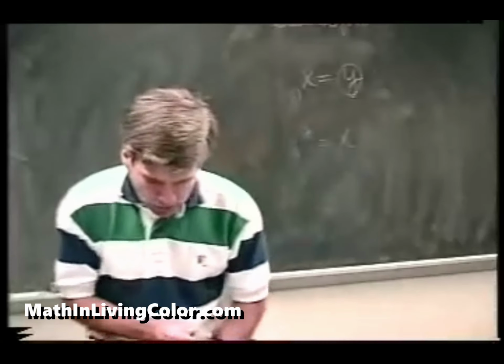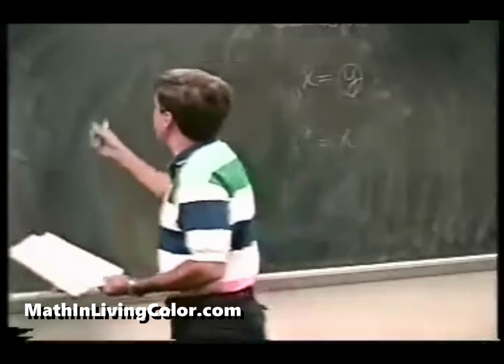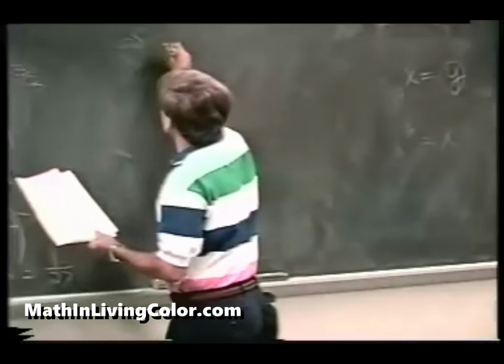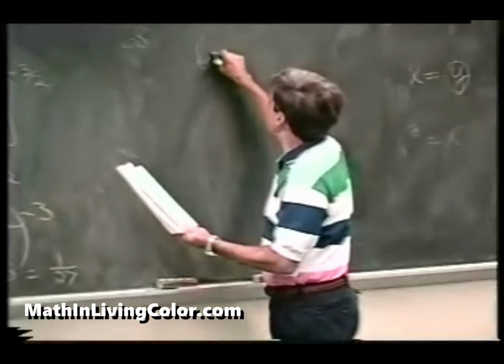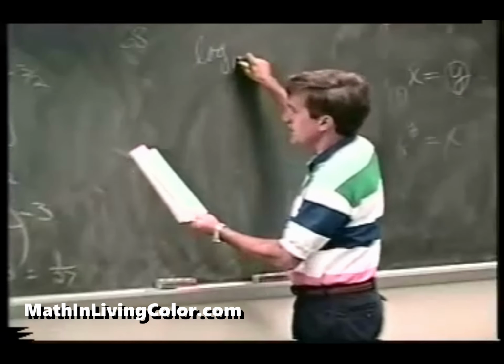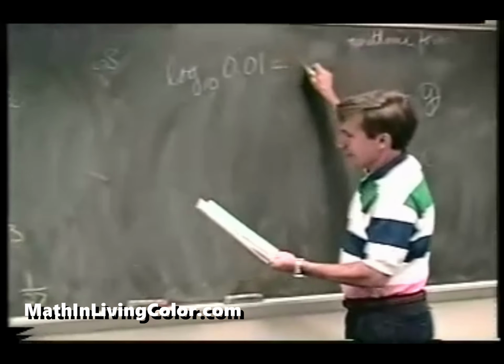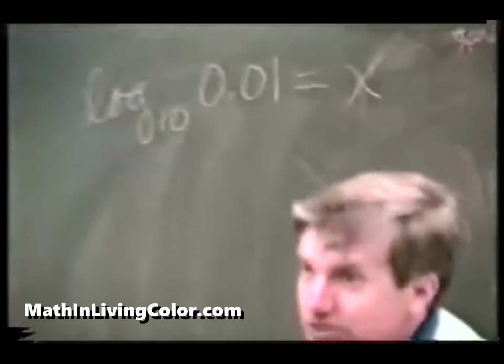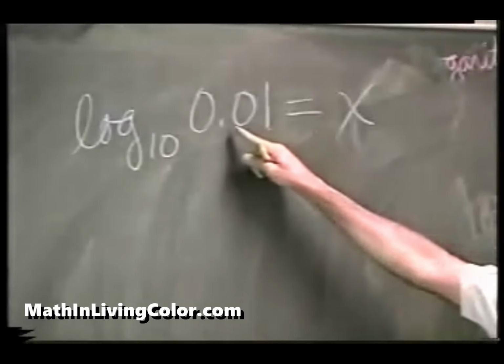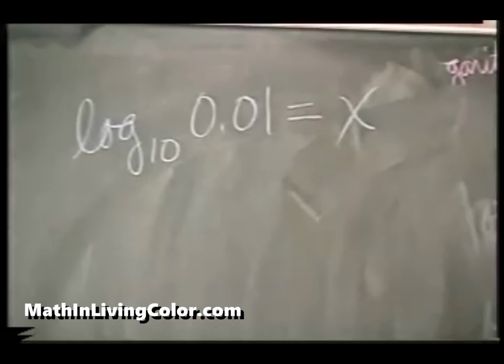So let's get to one more problem on this section, number 68. And in 68, we can do it by hand or we can do it by calculator. And this is a lead-in to section 4.02. I want to take the log base 10 of 0.01. Okay?